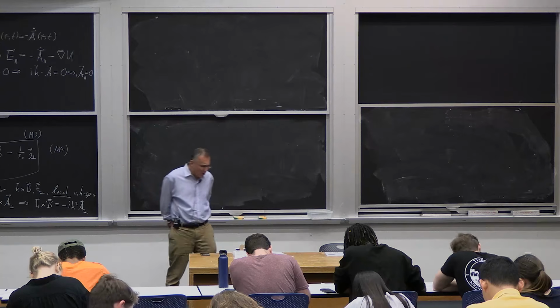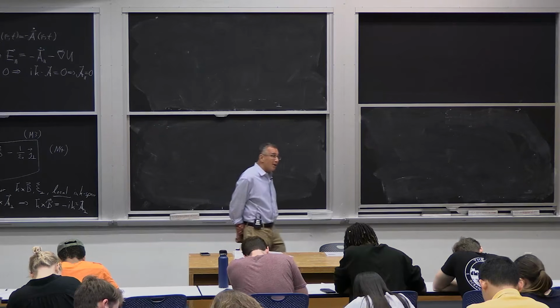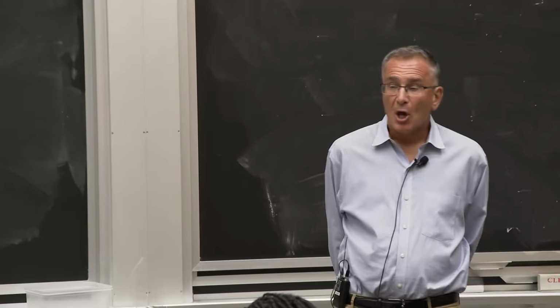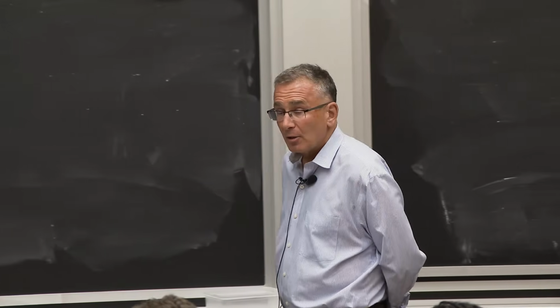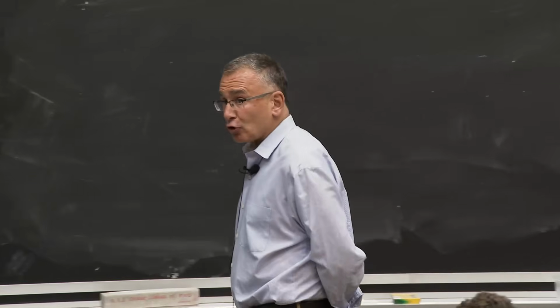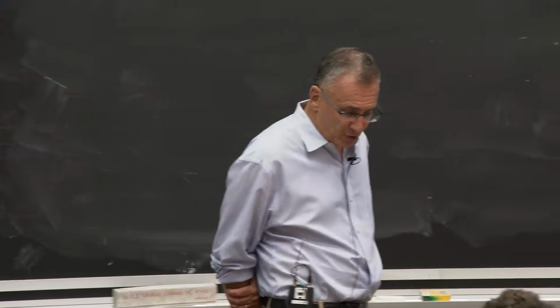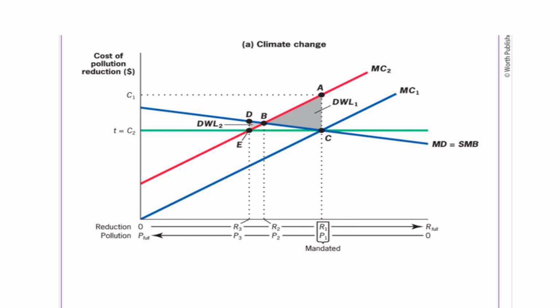Okay, now let's think about an alternative policy tool, which is a tax. Imagine I know the marginal damage curve, the social marginal benefit curve, but I still don't quite know what the right cost curve is. So I set my tax thinking that marginal costs are MC1. Well, where do I set my tax? I set my tax at the level C2, that little t equals C2 on the y-axis.